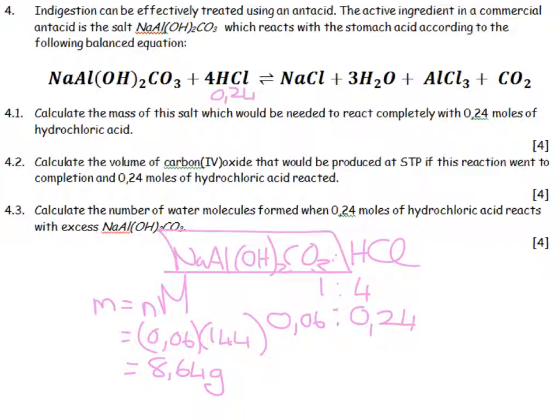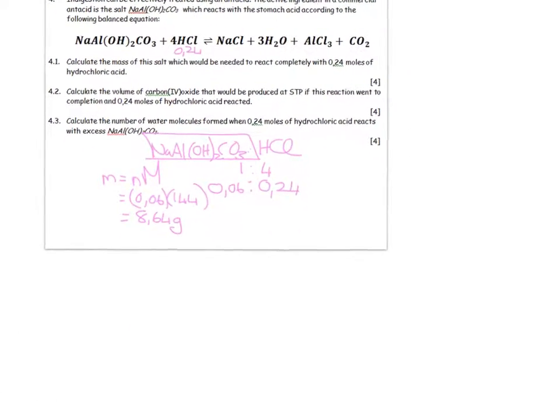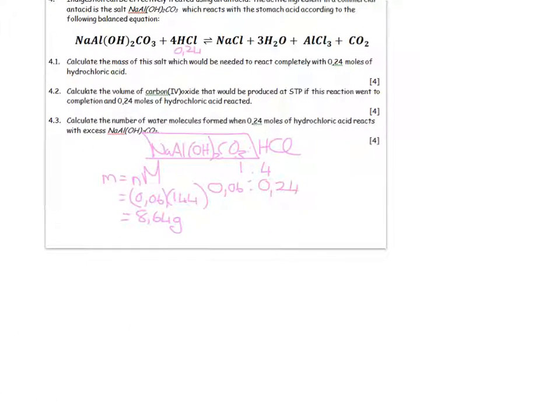Calculate the volume of carbon dioxide that would be produced at STP if this reaction went to completion and the 0,24 moles of hydrochloric acid reacted. So again, I'm going to use all of those moles, and I'm going to say I want to see a relationship now between the hydrochloric acid and carbon dioxide, which is a 4:1, 0,24 is to 0,06.